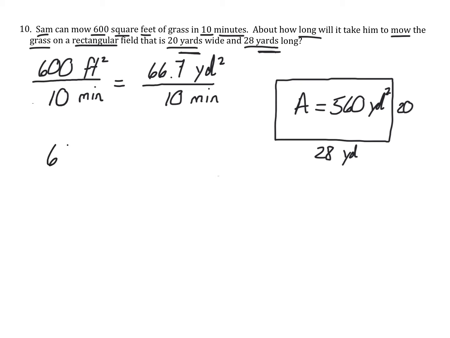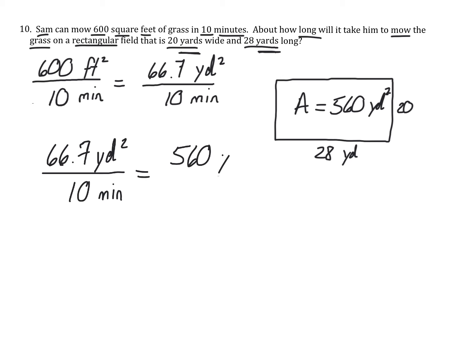Now, based on what I found earlier, I know that he can mow 66.7 yards squared in 10 minutes. But now the field we're dealing with is 560 yards squared. So what I'm trying to figure out now is how many minutes is that going to take?